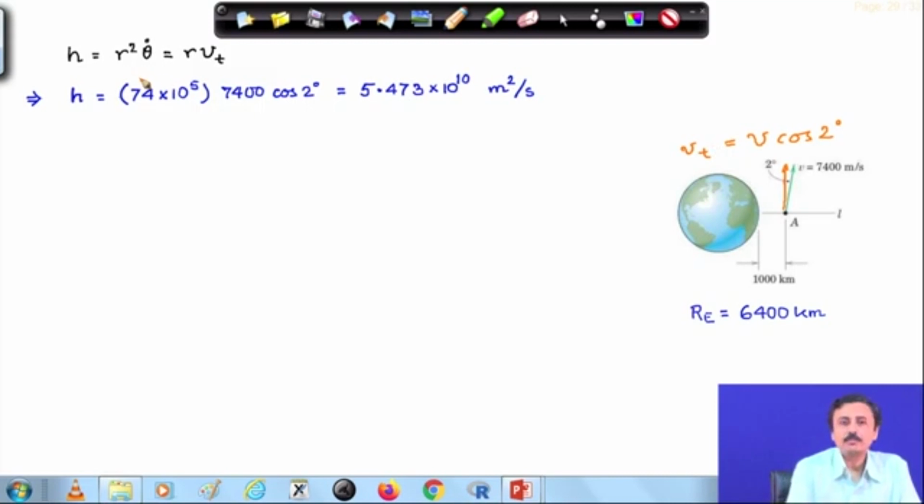And that is also equal to r times theta dot.